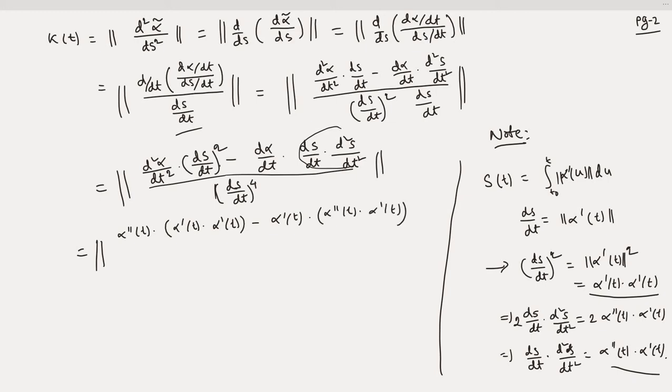Over alpha prime of t to the power 4, the norm of this.